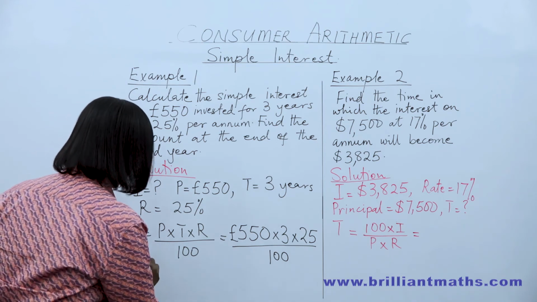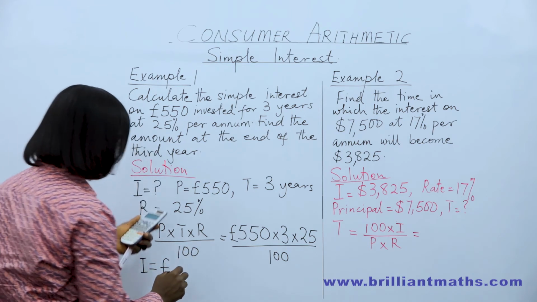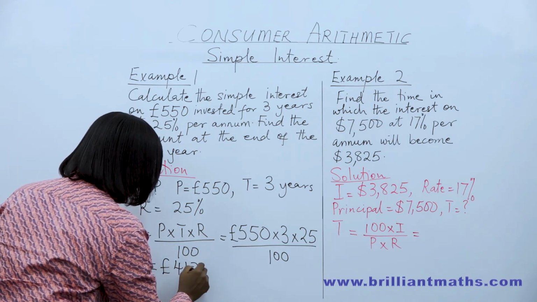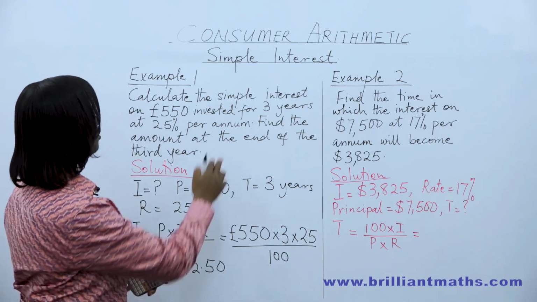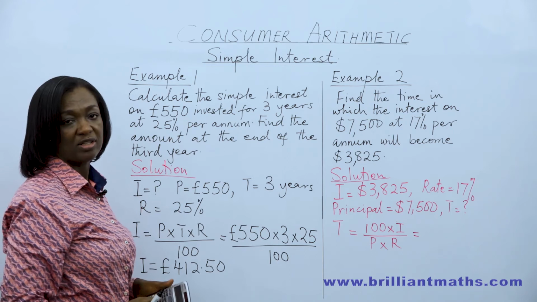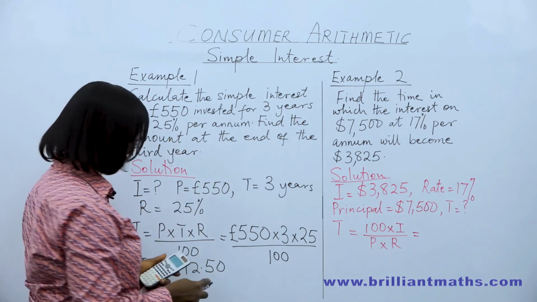So that's our interest, £412.50. What else are we finding? We're supposed to find the amount at the end of the 3 years. And amount is principal plus interest.